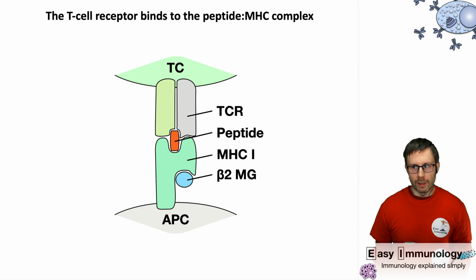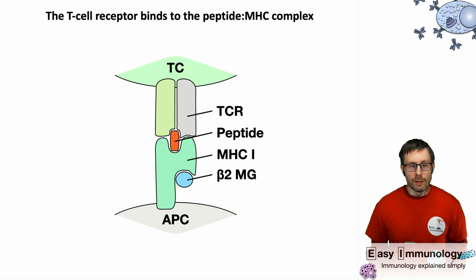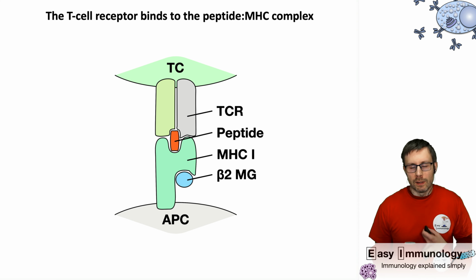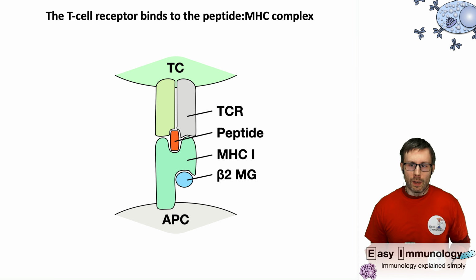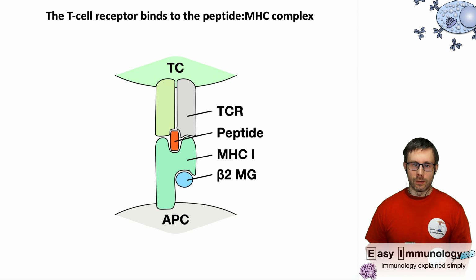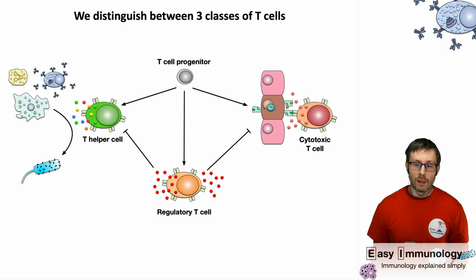And this is something we will look at in the next video. The T cells are trained to recognize peptides only when they are presented on our own MHC molecule. So my T cells are trained to recognize peptides on my MHC molecules, whereas the T cells of Alex and Hannah are trained on different MHC molecules.